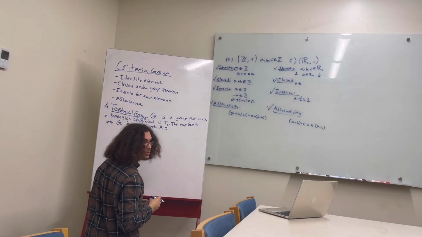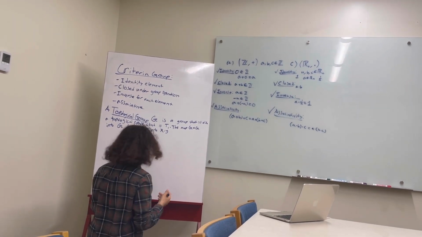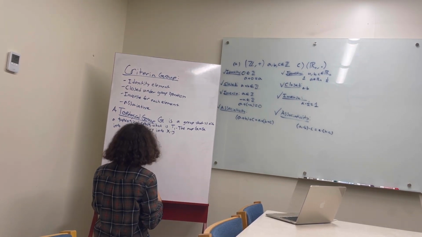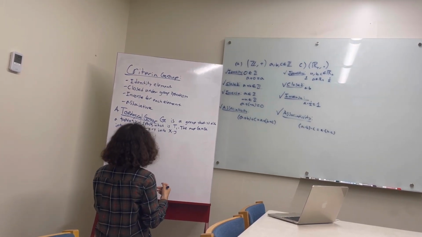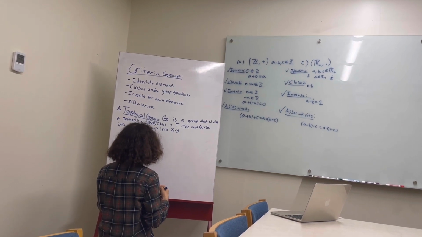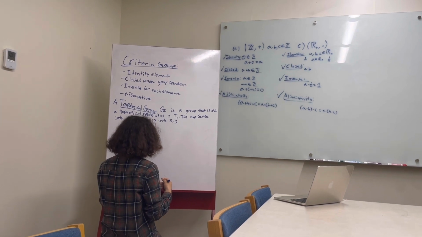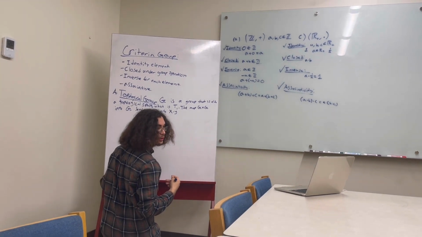So this map must be continuous, and along with that, another map is also going to have to be continuous. The map G cross G into G, sending some X and Y from the group G to X group operation Y, has to be continuous, and one more map will have to be continuous.